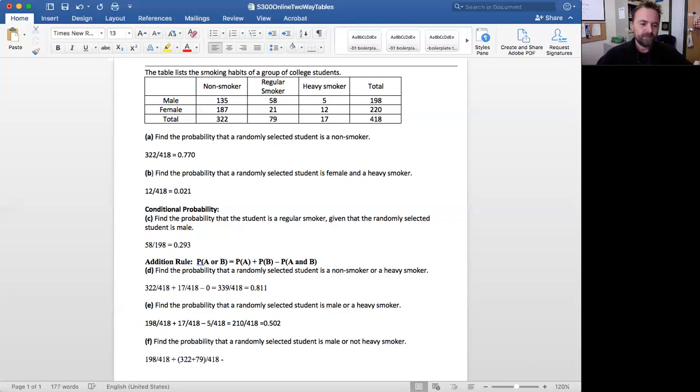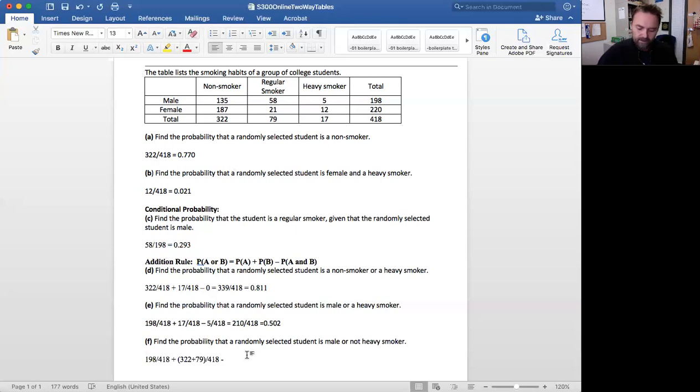Now, are there any overlaps? Did we double count anybody? So I have to go with this piece, the and. Is there any students that are both male and not a heavy smoker? Male and not heavy are these two: male and non-smoker, male and regular smoker. So I'm going to have to subtract off those two.